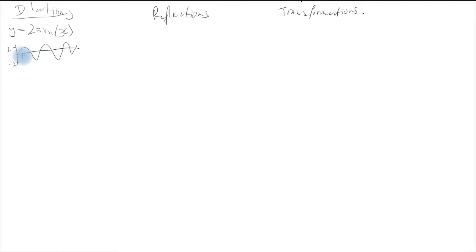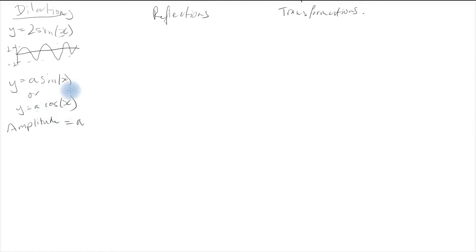Sorry, they're all supposed to be at the same points. Okay, so if we have, let's do a general case, if we have y equals a sine x or y equals a cos x, the amplitude equals a, whatever this number is out the front.